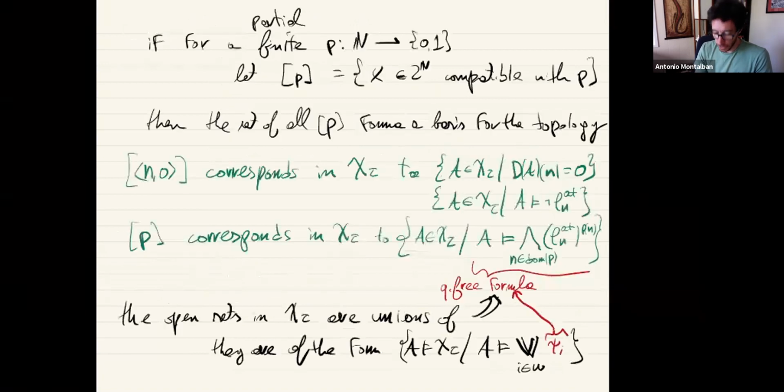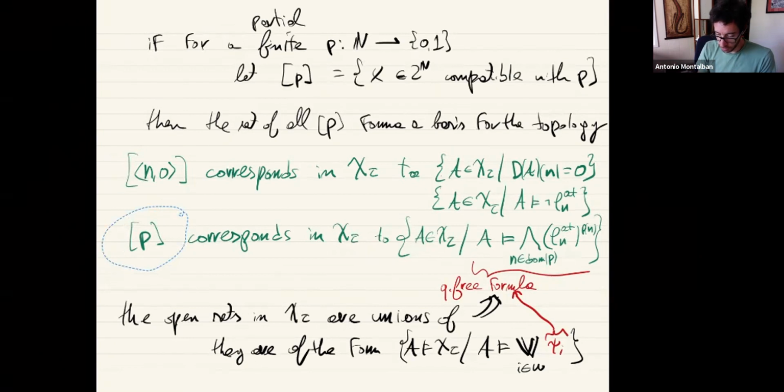One thing I mentioned, these clopen sets. I say these guys are the basis of the topology. They are open, but the complements can be written as the union of everything that makes P false. So the complements are also going to be open. So these guys in this topology are not just open, but they are closed also, because the complements are unions of basic open sets, everything that makes this false.